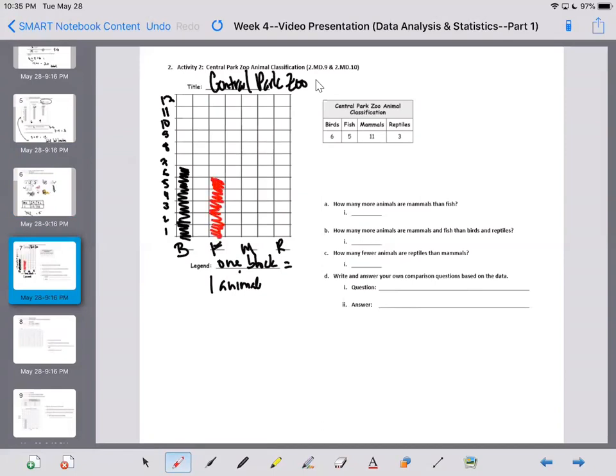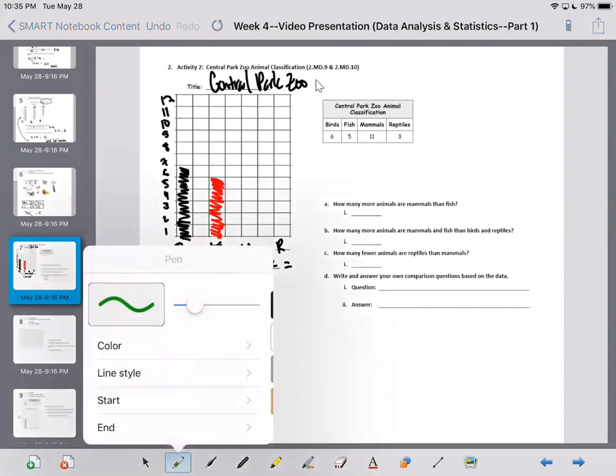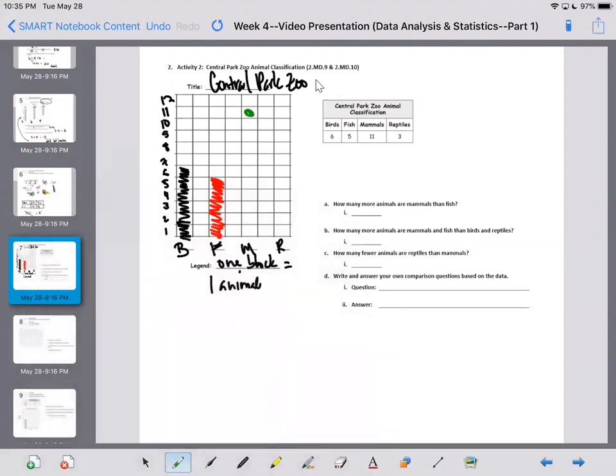You also could call this your frequency along the left side as well. How many mammals? Well, we have 11. All the way max up to 11, and then all the way down. So we see our spaces between our vertical bars. And then our reptiles, we have 3.